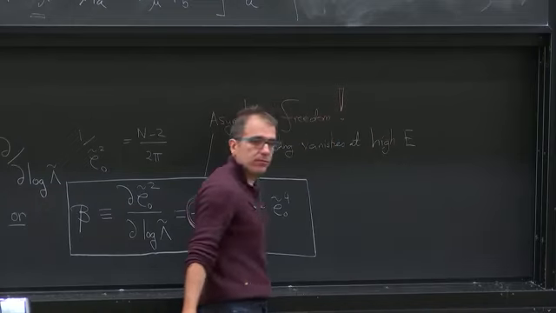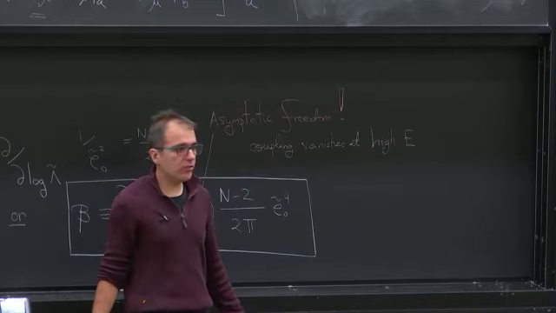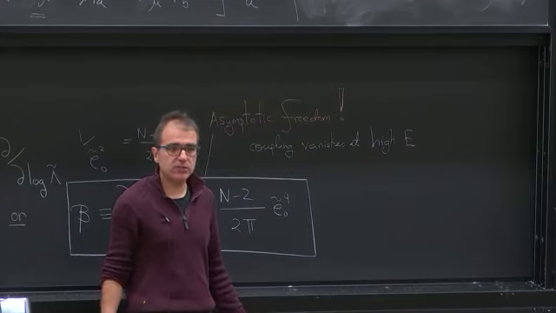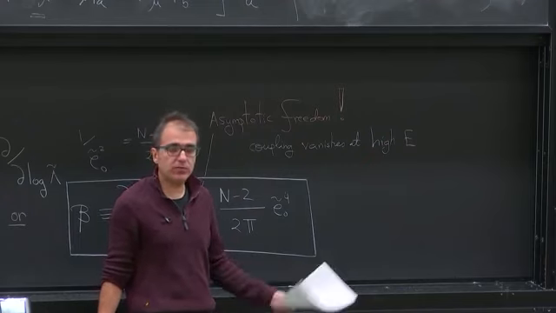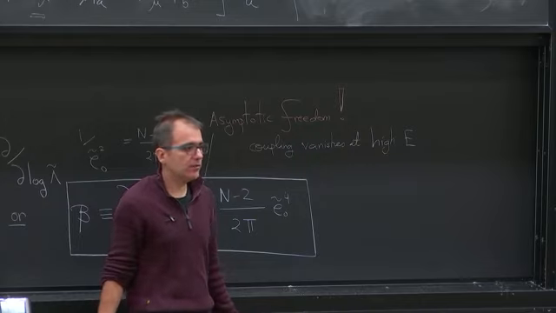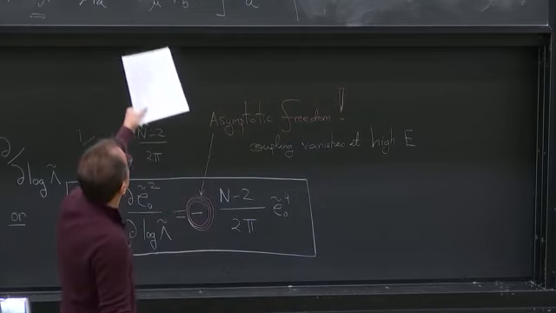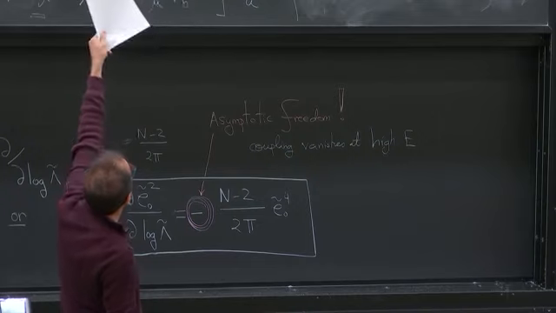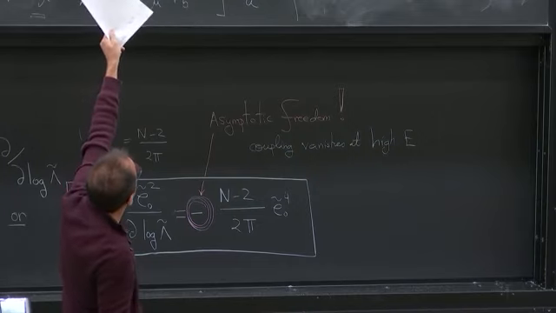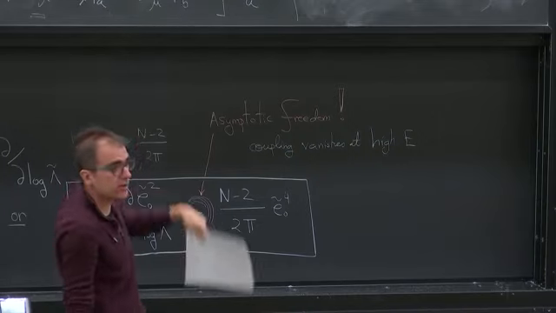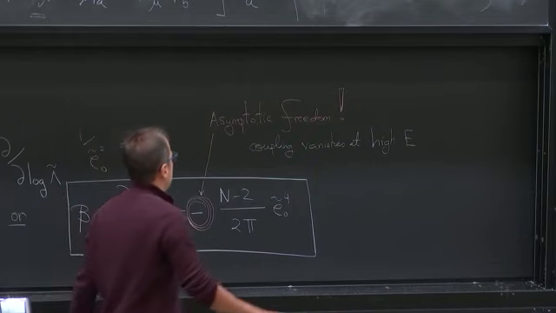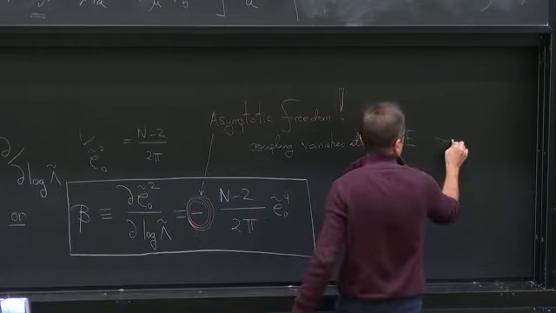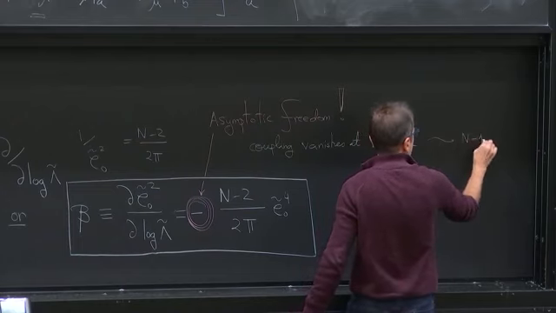That's the freedom. You go to the UV and this coupling effectively vanishes. And that's why in the UV we go to n minus 1 free scalars. Right? If the coupling goes to 0, after you rescale pi, it means that all these vertices you can ignore and you go to n minus 1 free scalars. So now we know that we get n minus 1 free scalars in the UV.